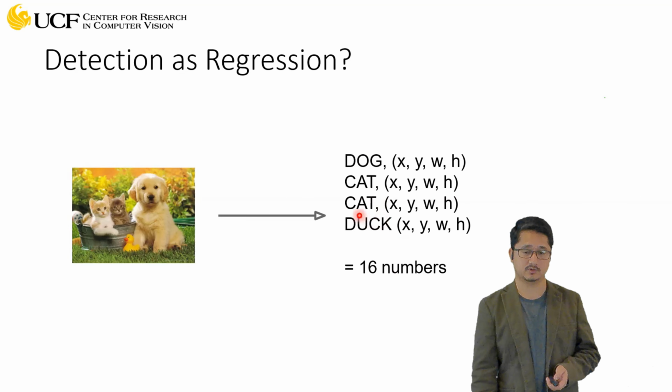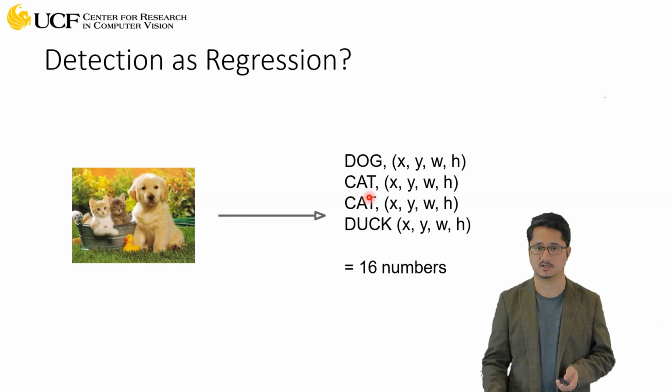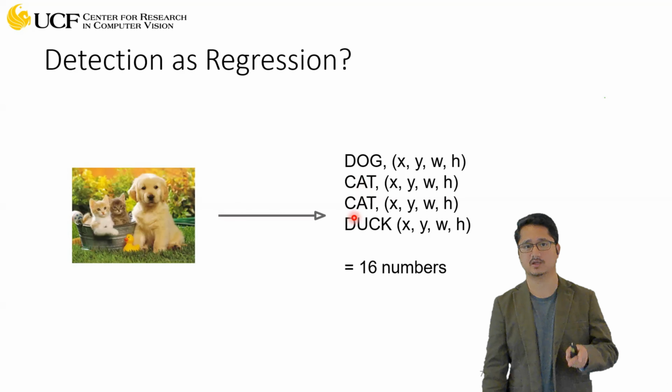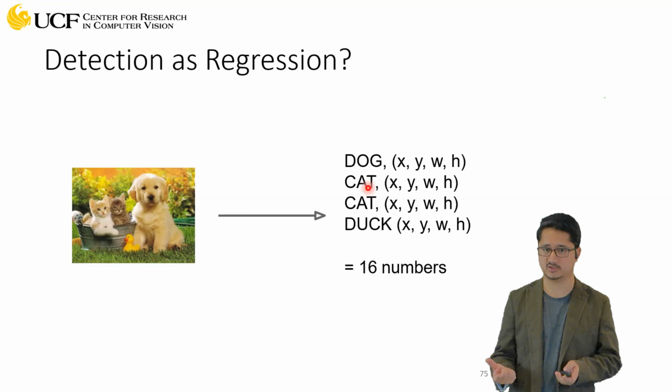If you look carefully, in the earlier algorithm which we discussed, we had C different predictions, for C different classes. But in this case, for each class, for example cat, we might have two instances. We don't have that in the prediction, and that's the issue.